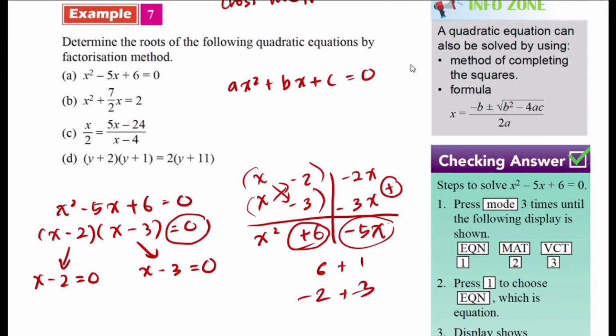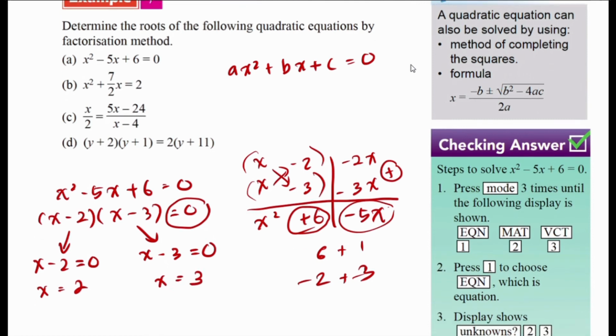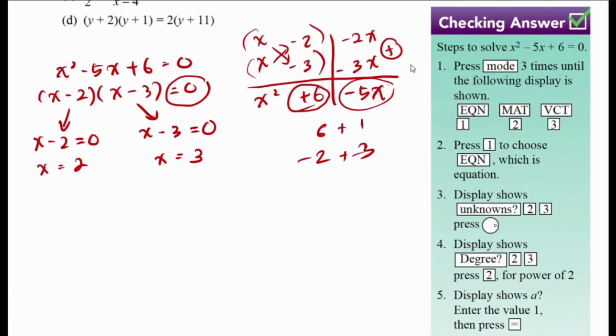Then find the value of x, which means x equal to 2 and x equal to 3. So here we get the roots of the quadratic equation are 2 and 3.